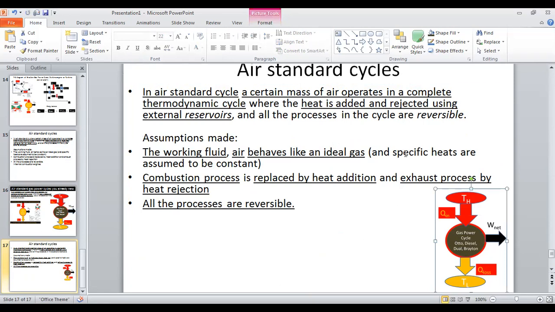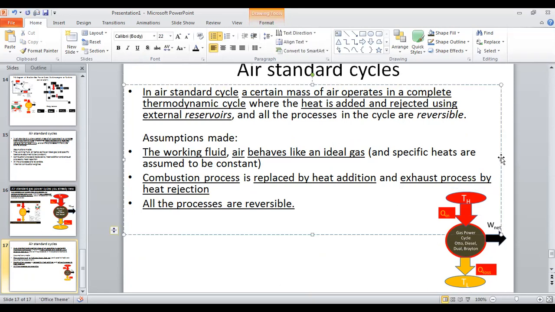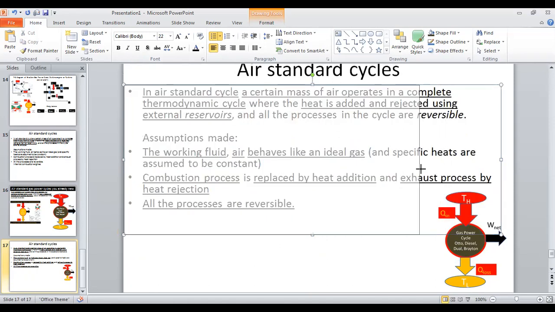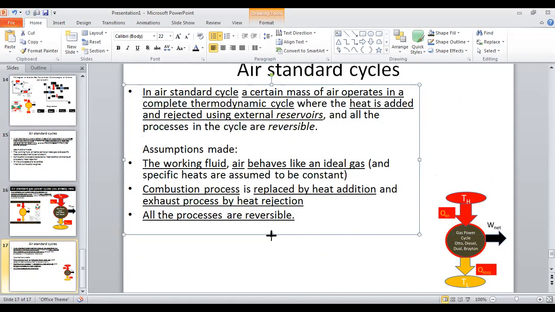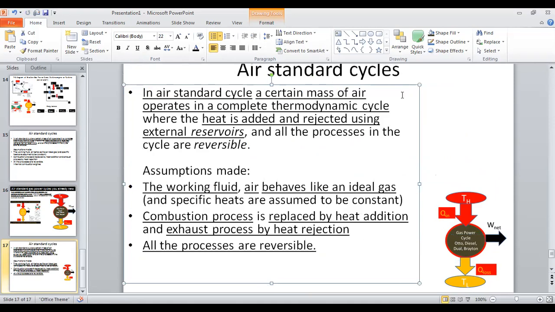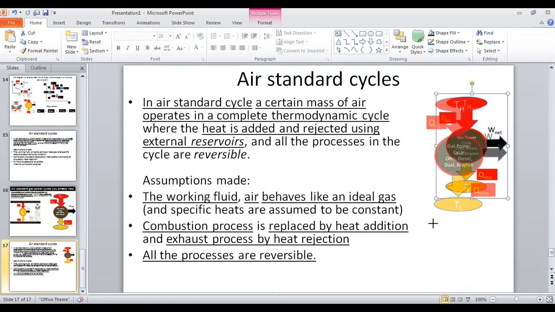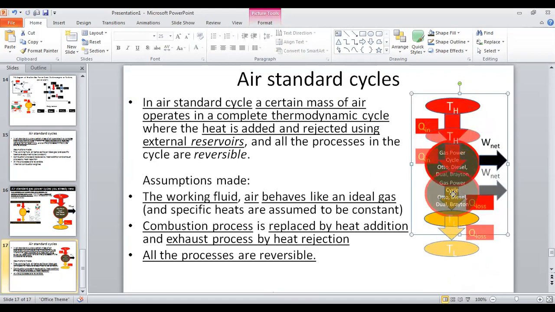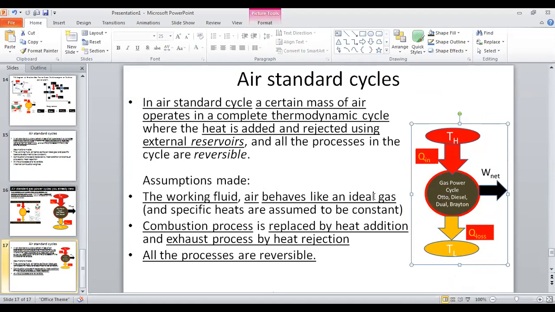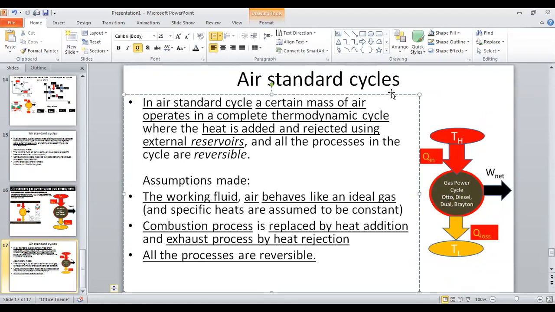So this is the model. Let me take a little space. So air standard, of course, comes with this definition.